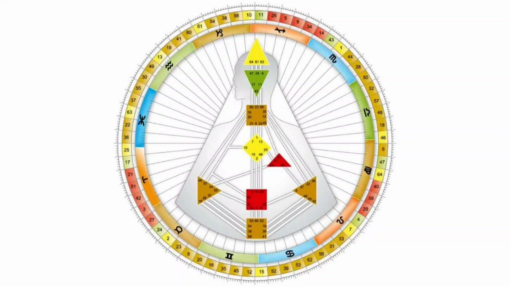Gate 24. Rationalization. Returning. Location: Ajna Center. Channel 24-61, the channel of awareness. Circuit: the individual knowing circuit. Theme: the gate of mental renewal.